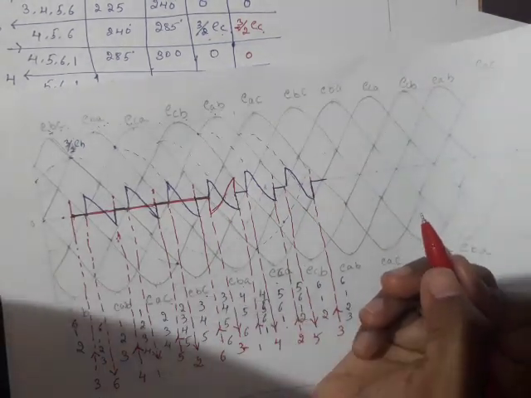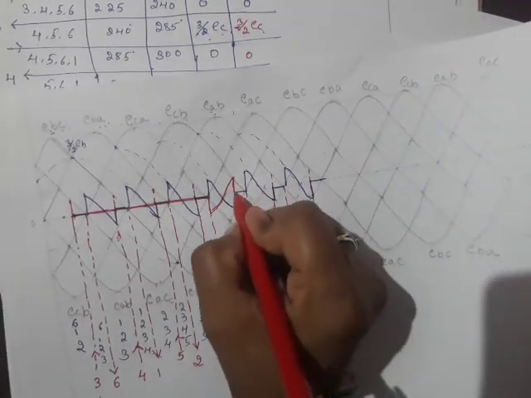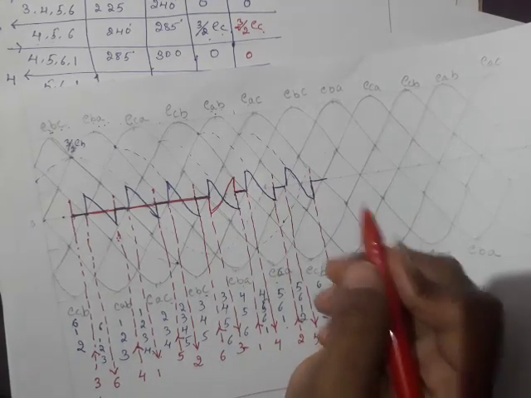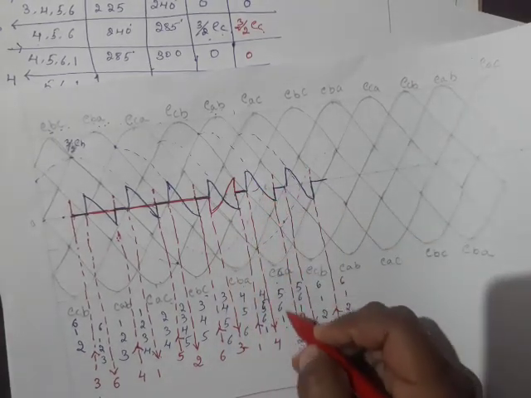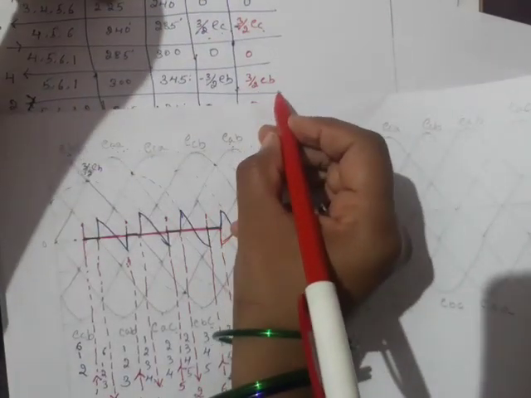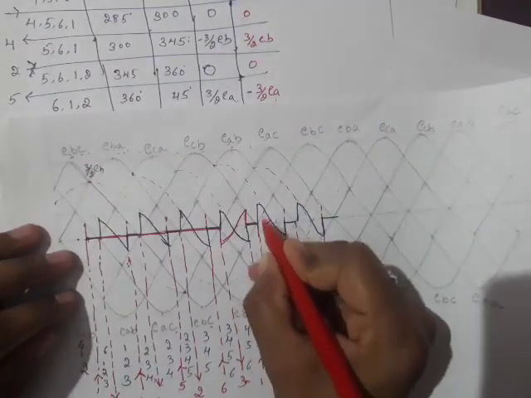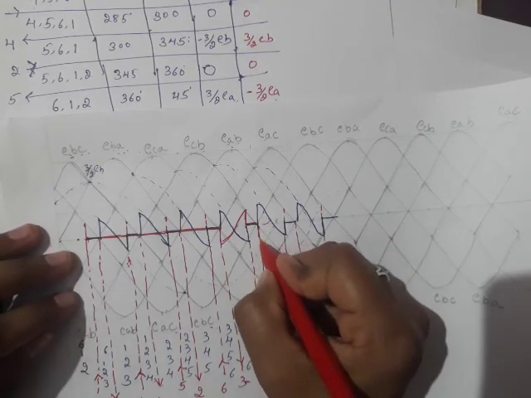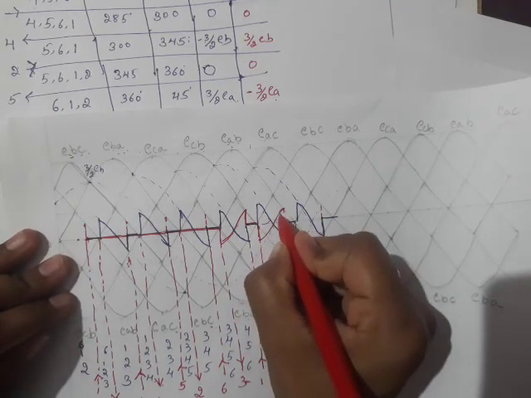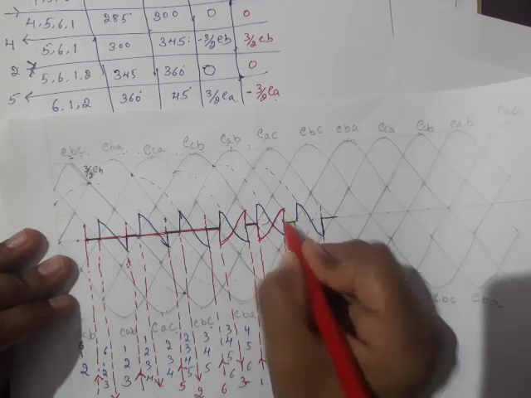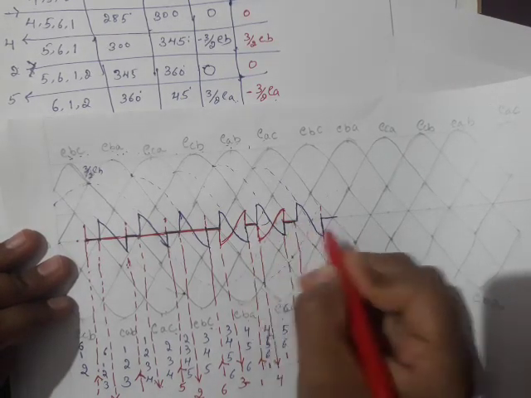Okay. Then when 4 valves are conducting, the voltage is 0. Need not worry. When 5, 6, 1 is conducting, it is 3 by 2 times EB. Opposite to that, this is minus 3 by 2 times EB. Opposite to that you will get. Then again it will be 0. 4 valve conduction.